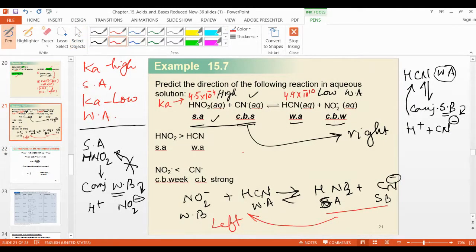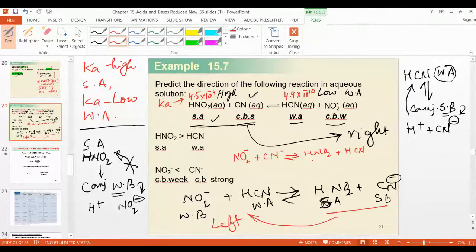Another reaction I will write: NO2 plus CN minus, HNO2 plus HCl, right?